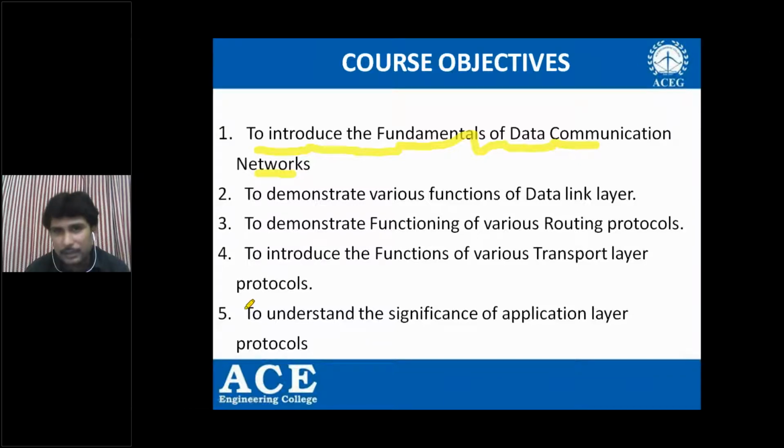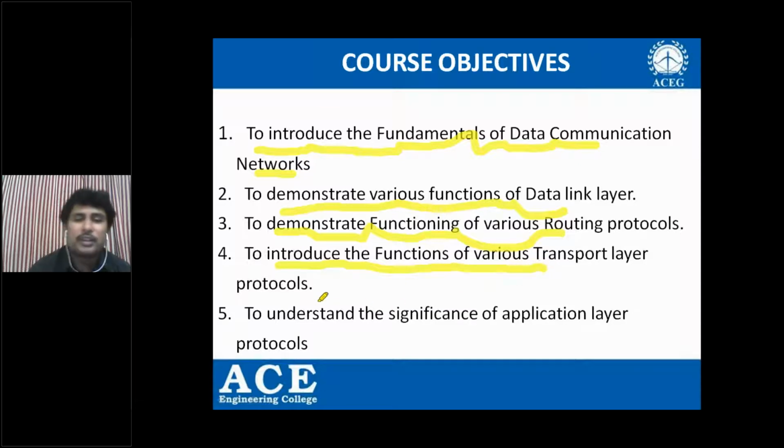First, to understand the fundamentals of data communication networks, then the various functions of the data link layer, then how the data is routed using the network layer, then how process to process delivery happens using the transport layer, and along with that, the various application layer protocols that help us in implementing a number of functions, right? So these are the things that we would like to focus on in our subject.